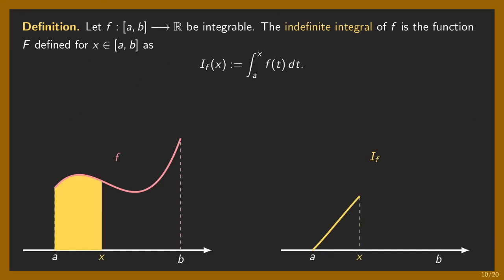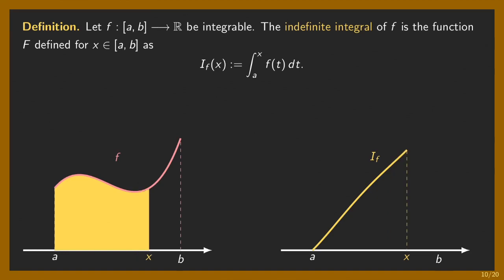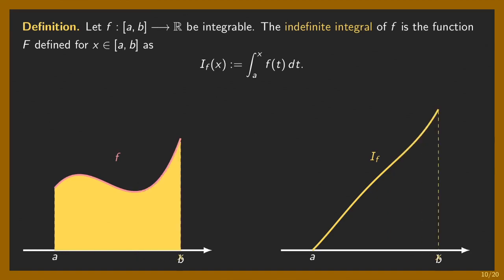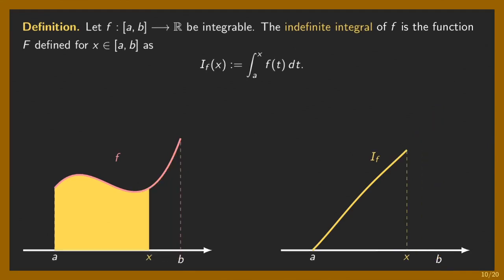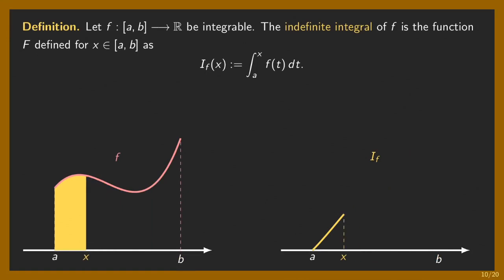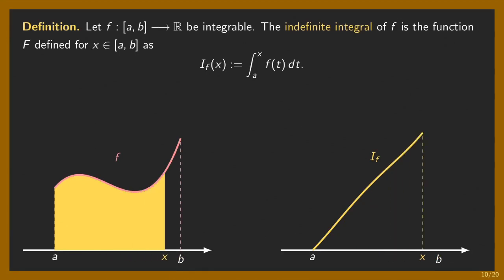You can see it, no? As x goes to the right, from a to b, the area accumulates from a going to b. So, it's like the job of If is to accumulate area under the curve from a. Do you understand? So, that's what usually happens.